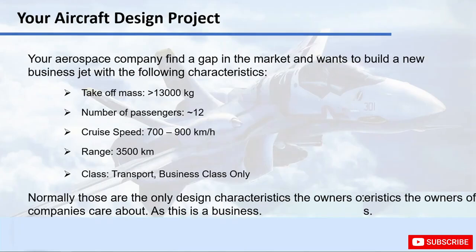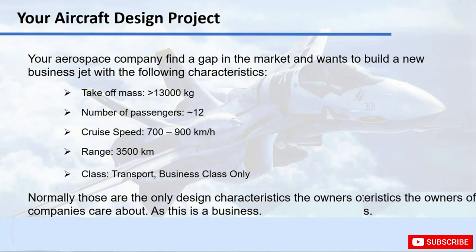So typically when a company gives you an aircraft design project, they don't give you much of information. They would usually say that they need an aircraft that have certain takeoff mass, for example 13,000 kilograms. They will tell you the number of passengers and the range that they want this aircraft to cover.